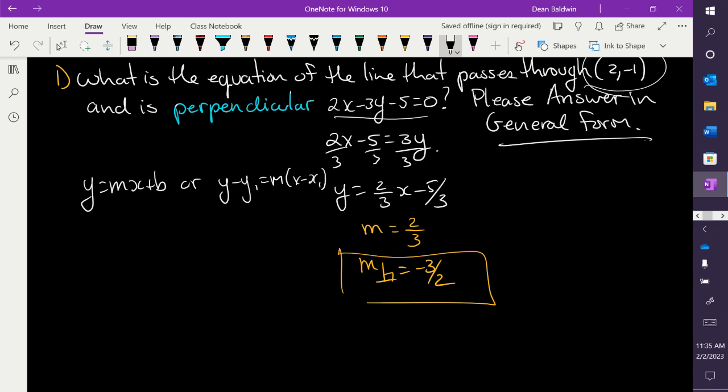So we have a point and we have a slope. I can put it into mx plus b. So I put the point in: -1 is y, my m value is -3/2, my x value is 2. And I solve for b. So I get -1 is equal to -3 plus b, because the 2's cancel.